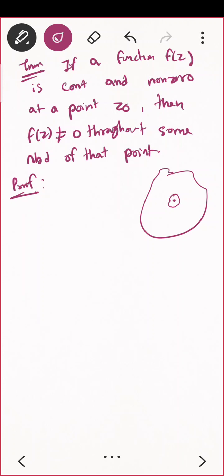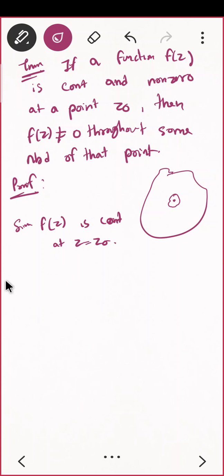So how should I start? Since we are given something, what is given to us? The function is continuous and non-zero, so we'll be using the same thing, correct. Shall we start? Since f of z is continuous at z equal to z naught, and by using the definition, now I will use one trick here, correct.